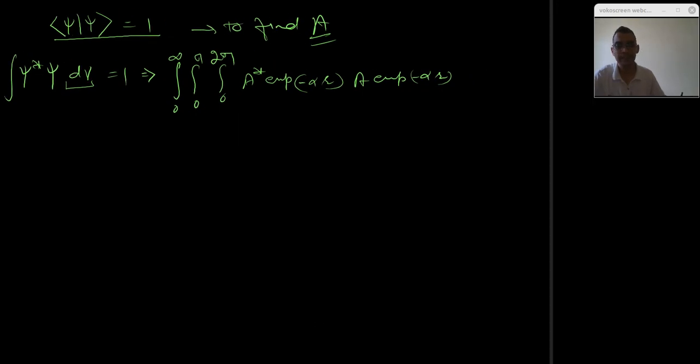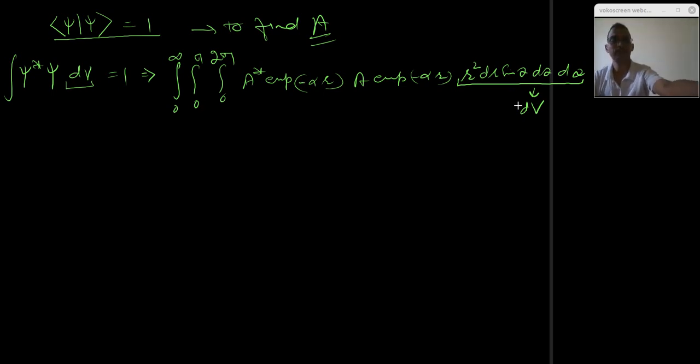This dv can be written in terms of spherical polar coordinates: r square dr sine theta d theta d phi. That's what I am doing here, right?